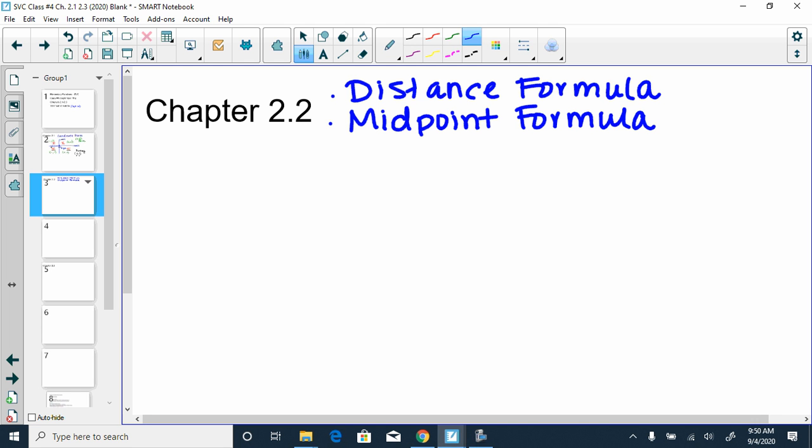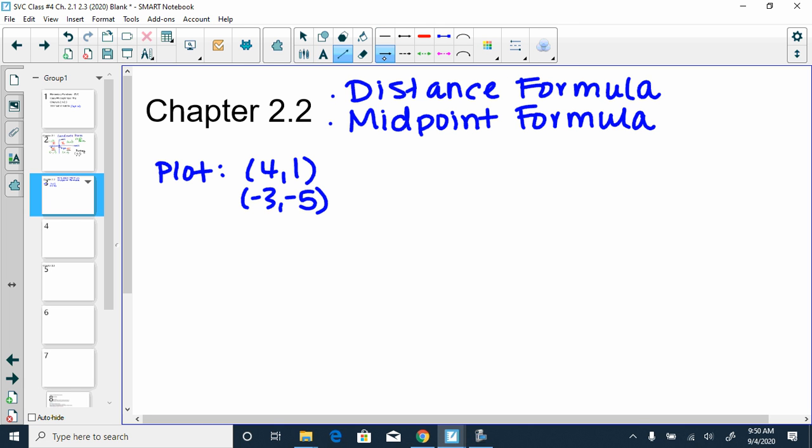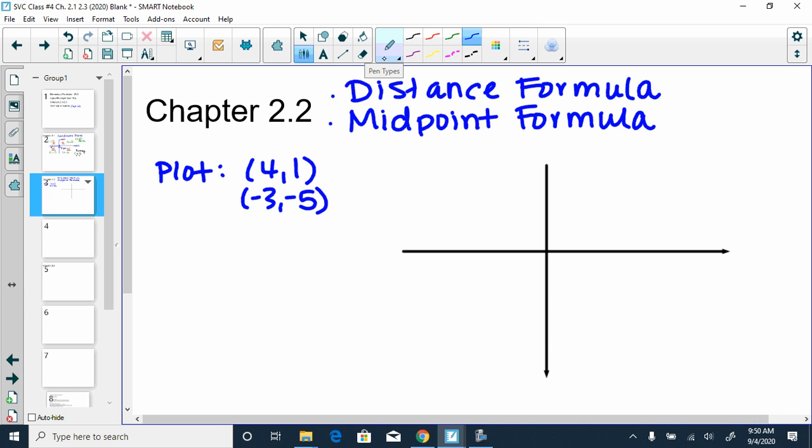Okay, so first off, just so we have an example on our board, I want you to plot 4, 1, and -3, -5. Okay, so we're going to go ahead and neatly plot those. I guess I could get a nice line up here so my lines are nice and straight. So 4, up 1, and I'll go ahead and label that so you can see it.